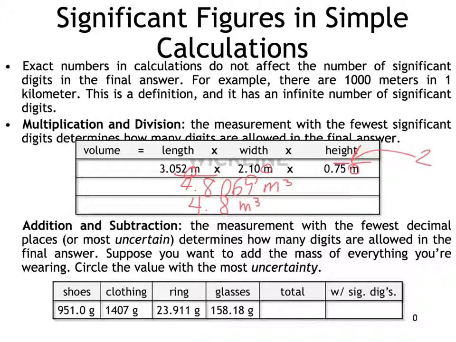So for instance, this guy right here, who has 0 decimal places, is going to have the most effect on the answer. So this guy has 1 decimal, no decimals, 3 decimals, and 2 decimals. So when we get our raw answer, we'll adjust it to have the same number of decimals as this guy. So pause the video and add up these items and write down your total.